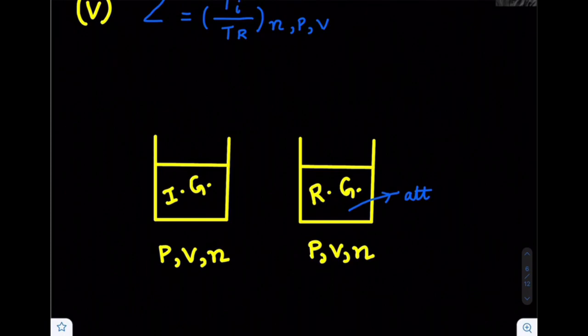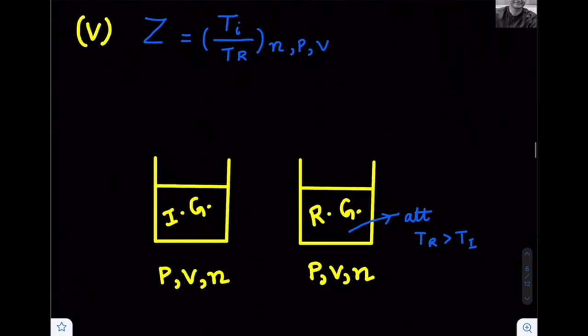So we can say that when force of attraction is there, in order to develop the same pressure in case of real gas, the temperature of real gas should be greater than temperature of ideal gas. And from the formula, temperature of real gas is in the denominator. So if the temperature of real gas is greater than that of ideal gas, we can say that Z is less than 1.